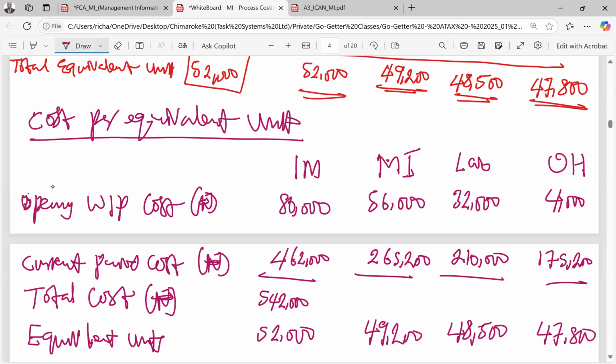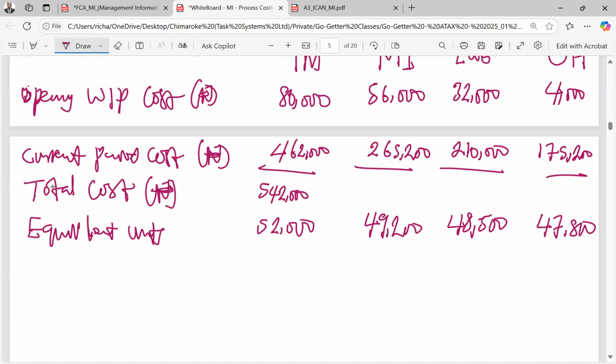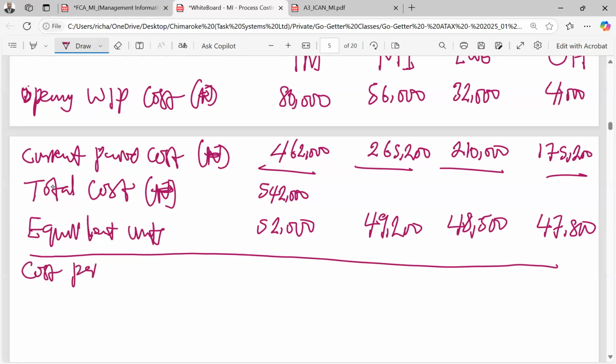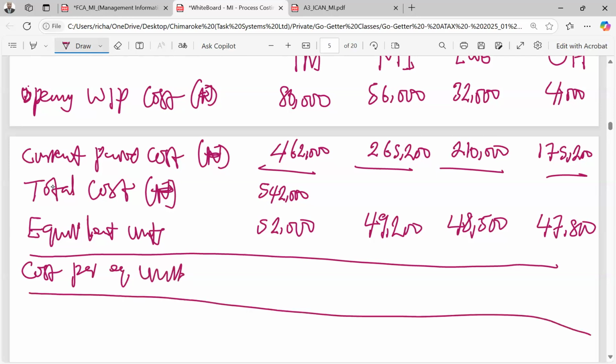Now that I'm done with that, let me proceed. This will become my costs per equivalent units.